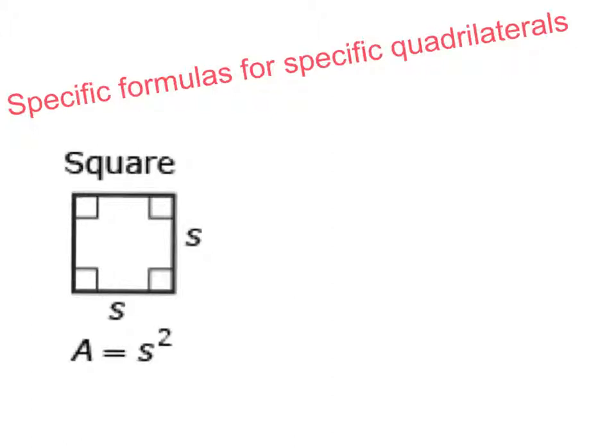So here are the special formulas for special quadrilaterals that we have to work with this year. If we start with a square, we know that all sides of a square are equal. So our simple formula for this is going to be simply A equals S squared. In this part, we're going to be using powers because it's the same number times itself.